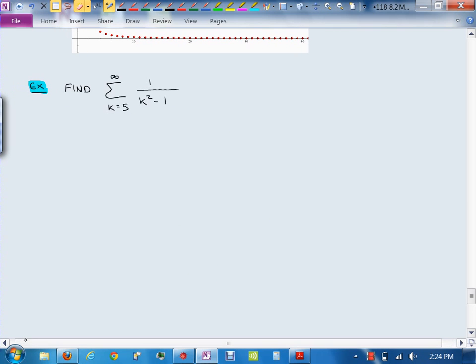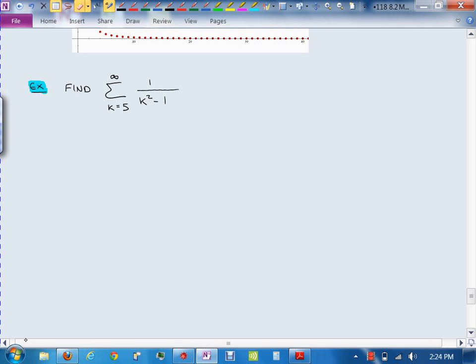Find the sum from k equals 5 to infinity. So notice that we're starting at 5, right? Starting at 5. So let's see, is this geometric? Well, with geometric, isn't the k minus 1 the power, right?